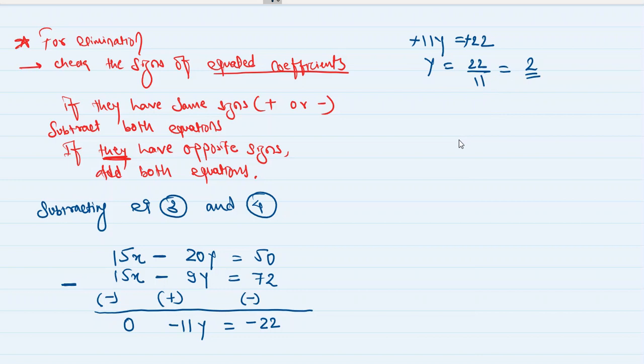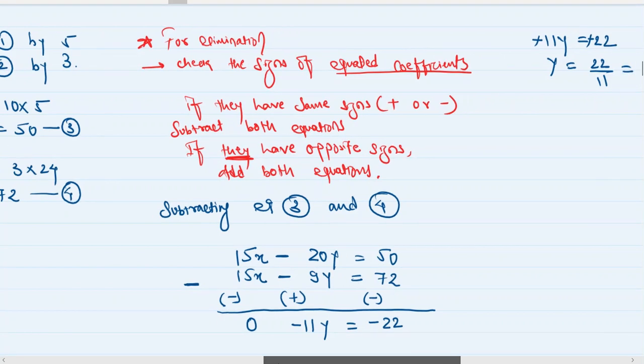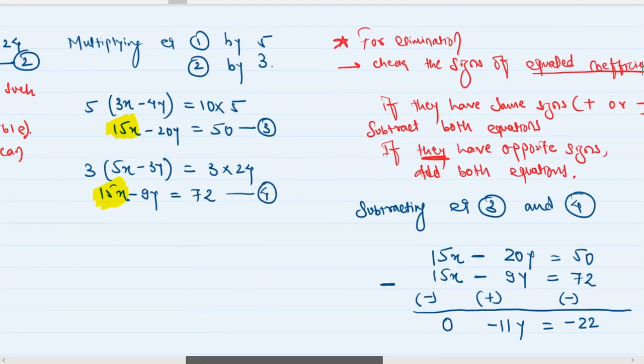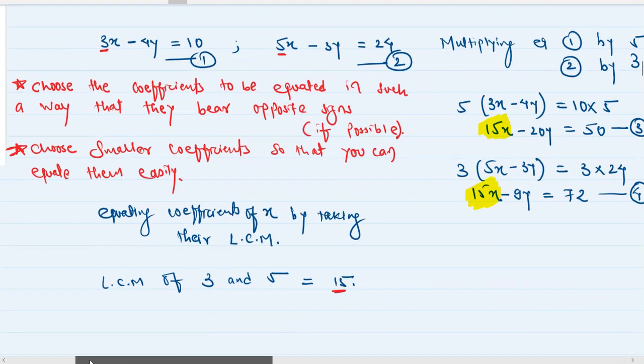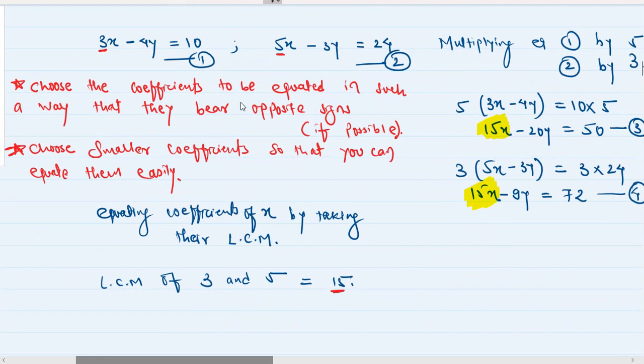Okay, so since we have got the value of y is equal to 2, one of the variables we have found its value. Now you have to substitute this y in one of the equations. So you have got four options: equation 1 over here, equation 2 over here, or equation 3 or equation 4.